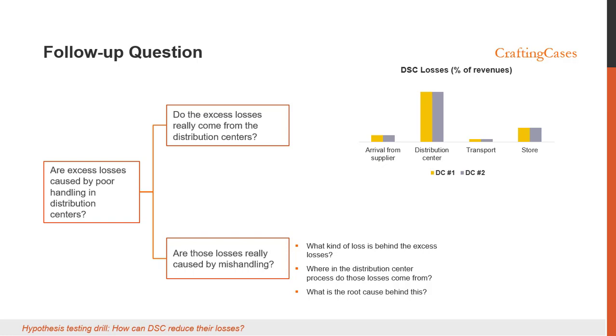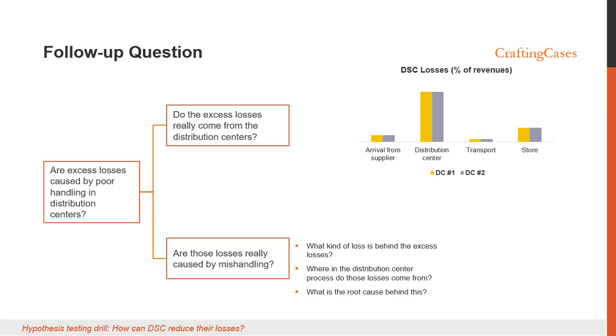So take a look at this. These second tests are not conclusive. Benchmarking one distribution center against the other does not conclude anything for me, even if this last one is the case, it doesn't prove to me that the distribution center is the cause. Maybe all of the losses are supposed to come from distribution centers.